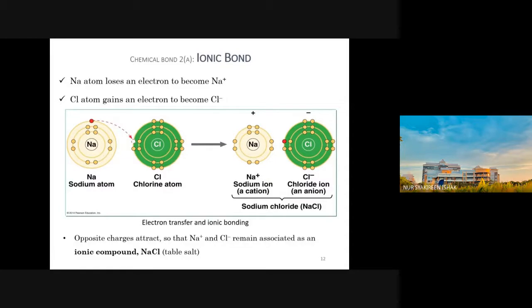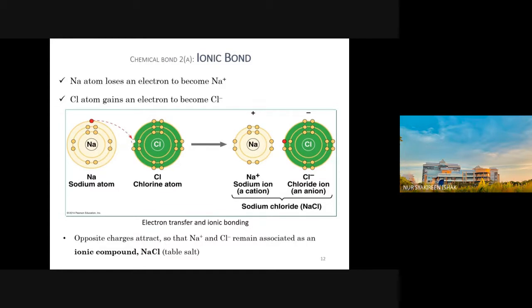So in this diagram, it shows you the formation of ionic bond between sodium ion and chloride ion. The sodium atom has one valence electron, so it loses one electron and becomes sodium ion, Na+. The chlorine atom has 7 valence electrons, so it has to satisfy the octet rule by gaining an electron.